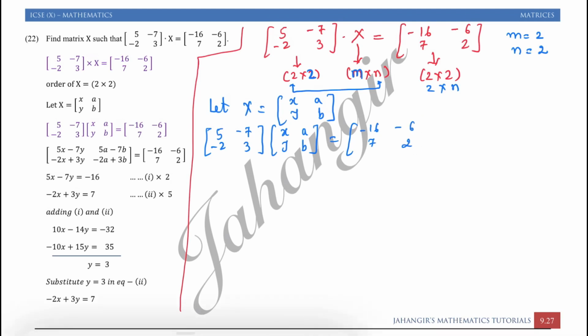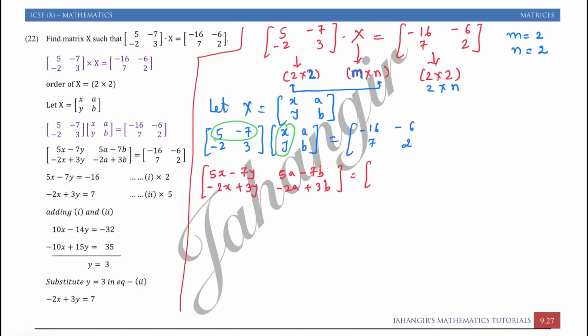So if you start multiplying, we get first row, first column, 5x minus 7y; minus 2x plus 3y; 5a minus 7b; minus 2a plus 3b.